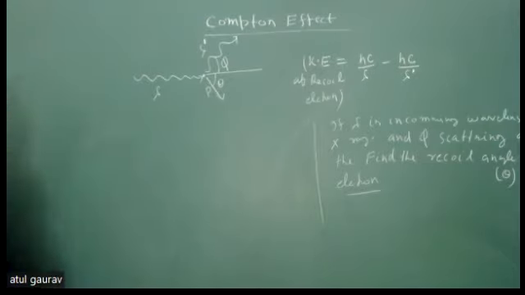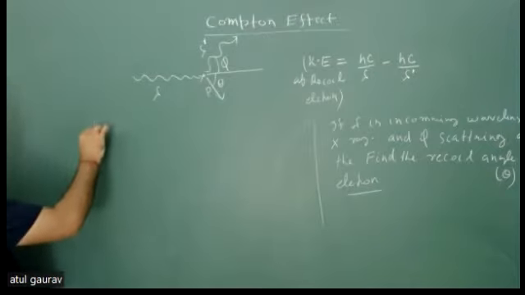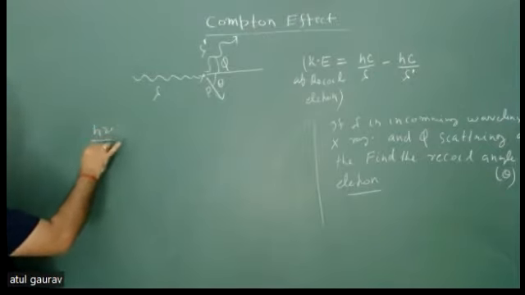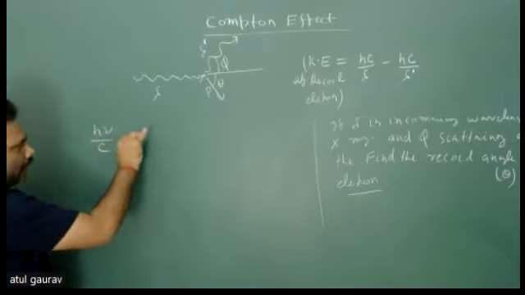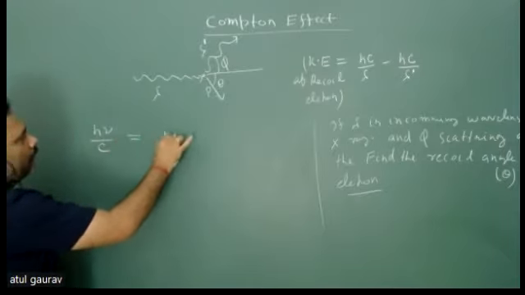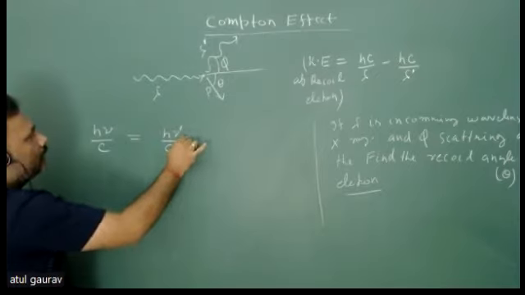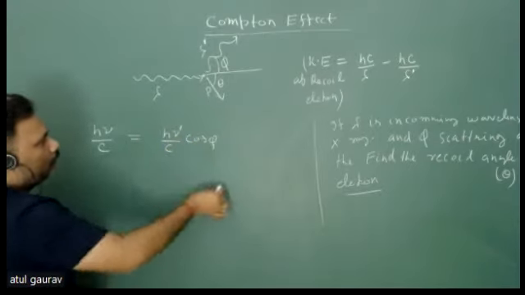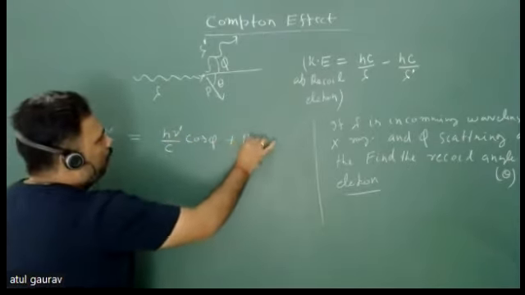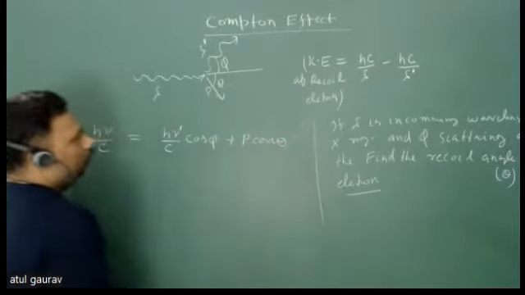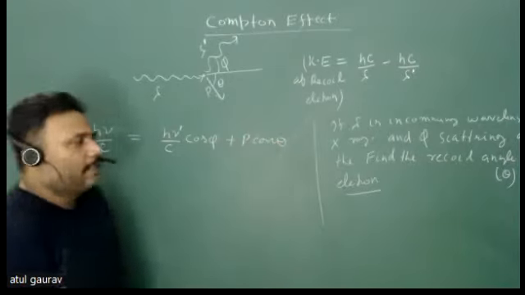Can anybody tell me? h nu by c. So h nu upon c, and we will put lambda later. This is equal to h nu dash upon c cos phi plus p cos theta. In the last class we did this.